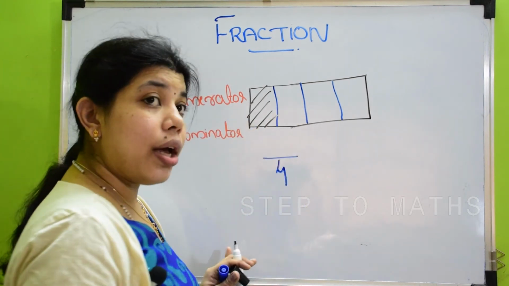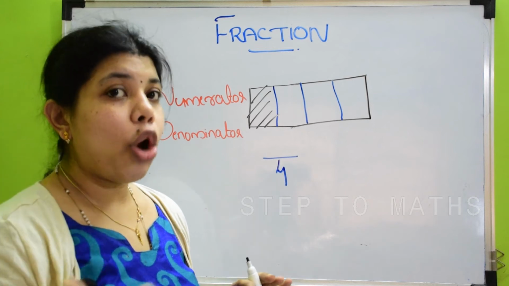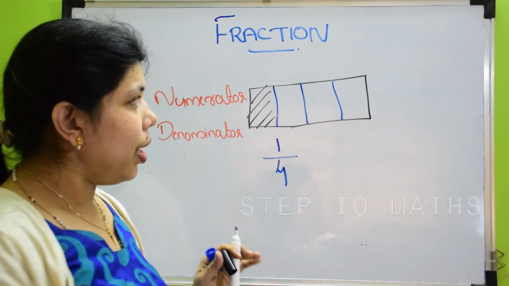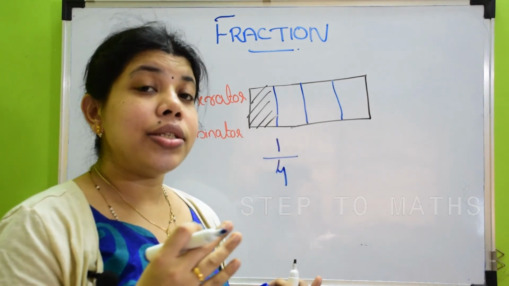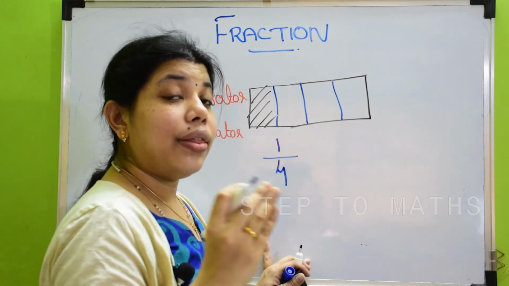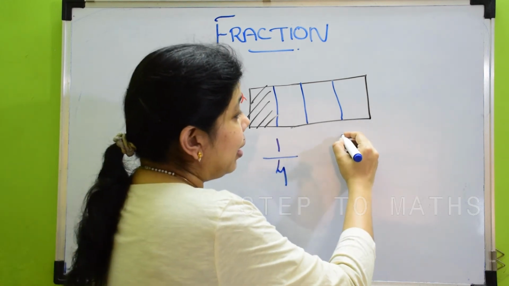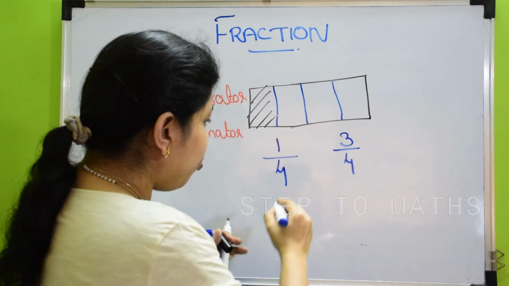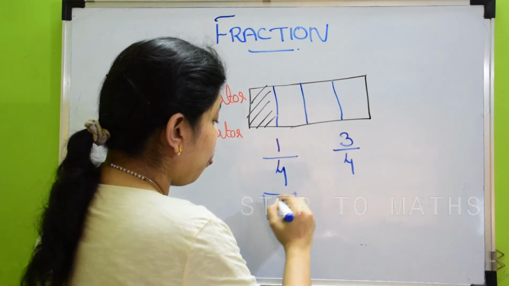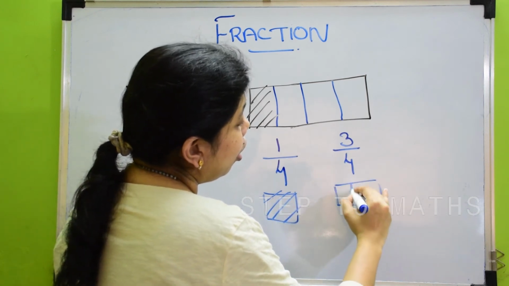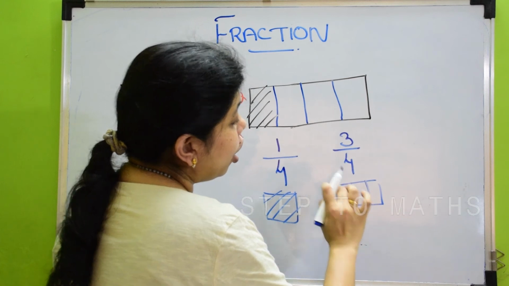How many parts are shaded? One part is shaded. And how many parts are not shaded? 3. So we can write 3 upon 4. 1 upon 4 part is shaded and 3 upon 4 part is non-shaded.